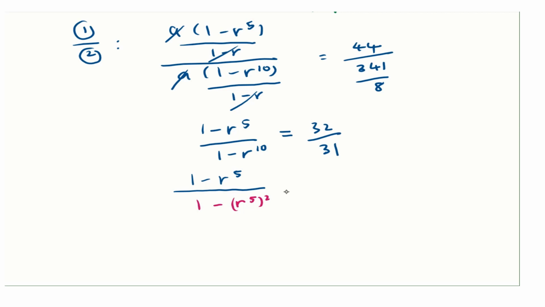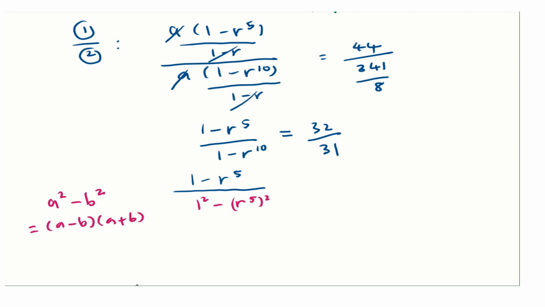So 1 is actually squared. So this one is A square minus B square, which can be factorized to A minus B, A plus B. Means that 1 square minus R power 5 square can be factored to 1 minus R power 5 multiply 1 plus R power 5.